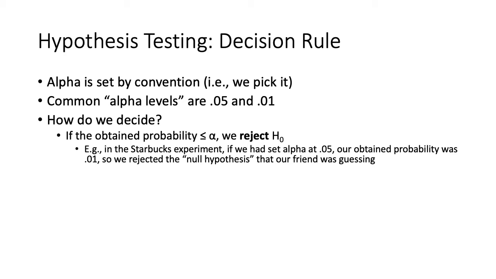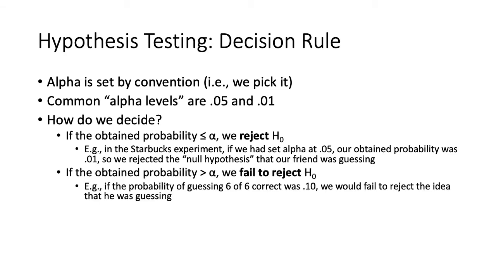If you recall, in our Starbucks experiment, we obtained a probability of 0.01 that our friend would get 6 out of 6 if he was truly guessing. If we had set alpha to be 0.05 in that experiment, our obtained probability, 0.01, is less than alpha. So in that case, we could reject the null hypothesis that our friend was actually guessing.